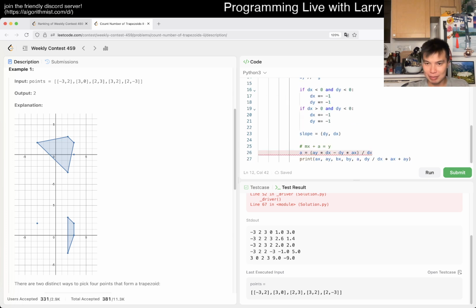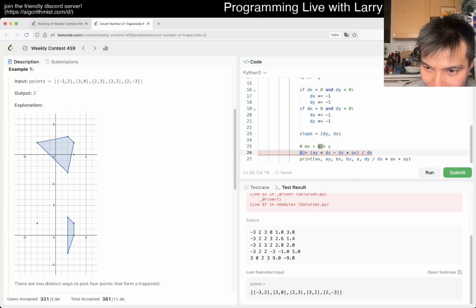Is this 1 point something? No, it's 1.0. Doesn't feel right. Actually, no, that is 1.0. Okay, so that means this thing is right. So this formula is right.